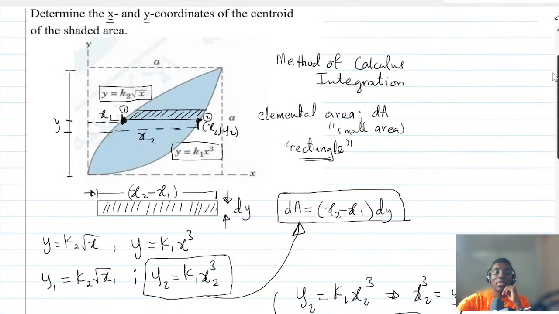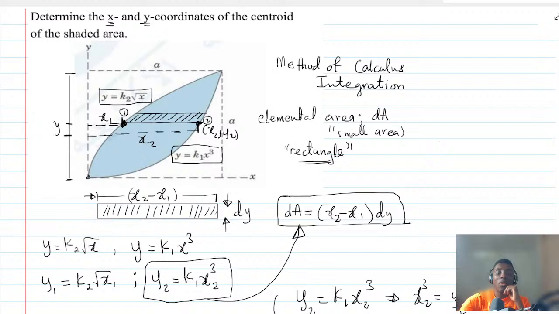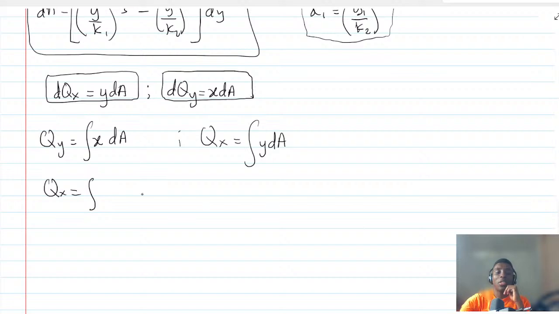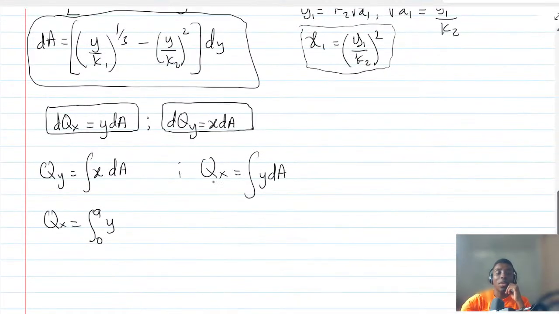Don't forget that from the origin to the x-axis is a, and then to the y-axis is a, which means the limit of our integration will be from 0 to a. Then we will multiply dA, which means we will multiply everything here by y.